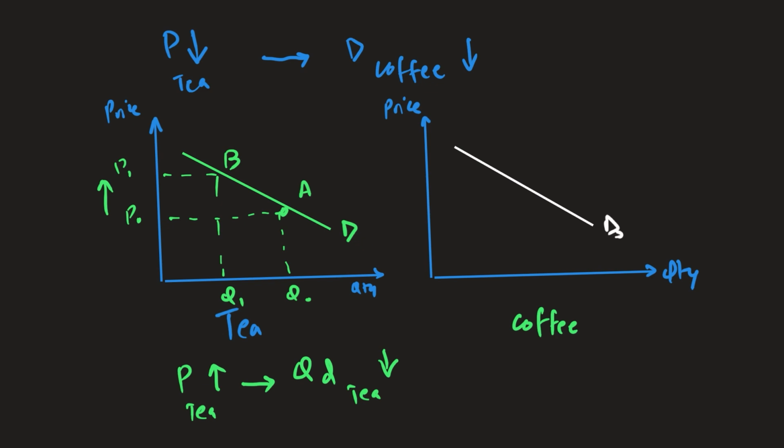Because for coffee, it's a non-price factor which is making the demand curve shift to the right. So the demand curve will shift to the right for coffee because tea is becoming expensive. So a good that is in competitive demand will actually benefit, in this case causing the demand to go up.